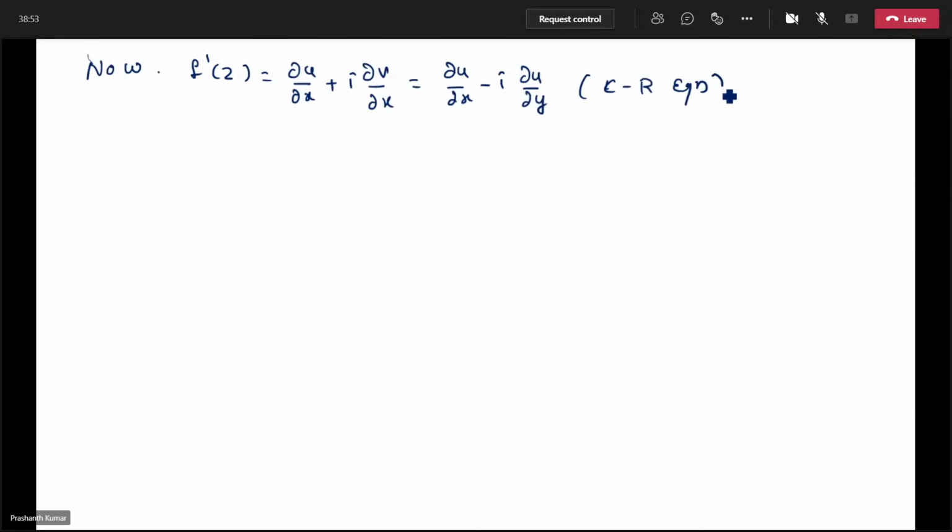From this one, we get u of x comma y. Okay, so this is the way we find the f of z if u of x comma y is given.